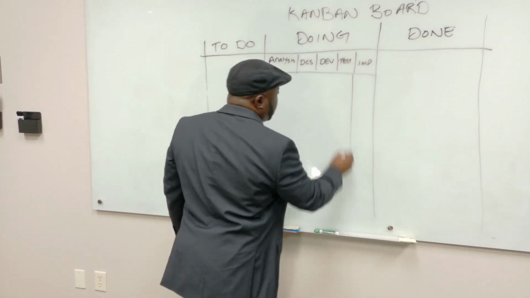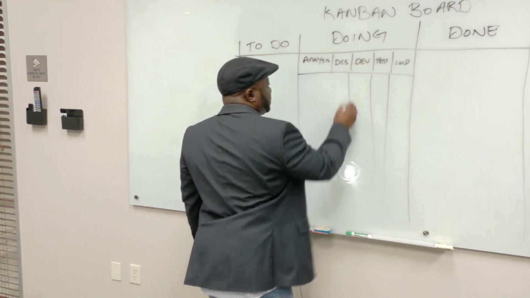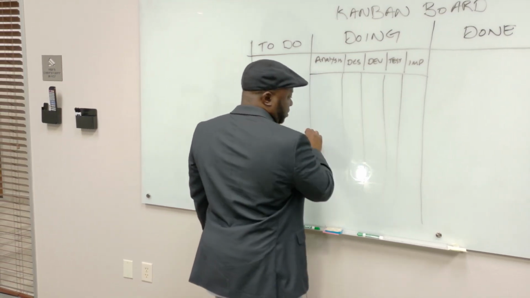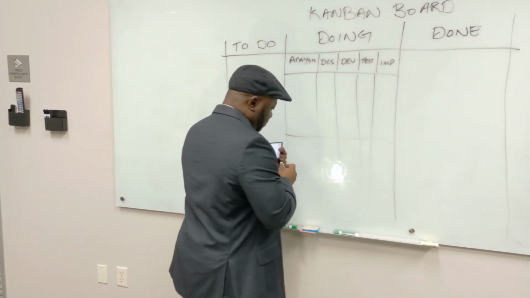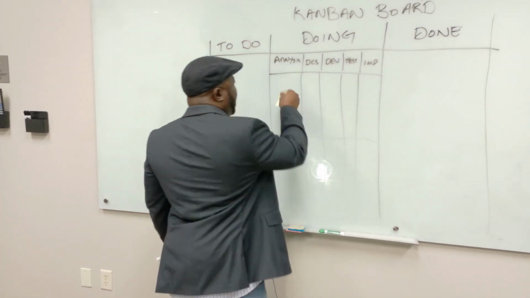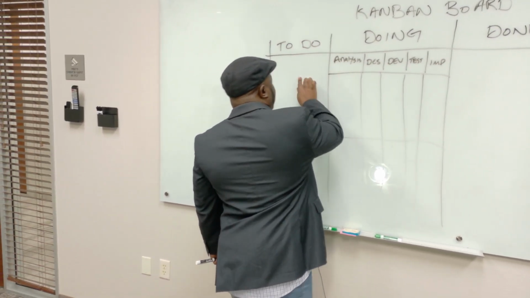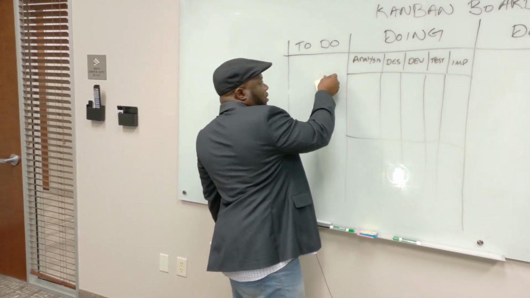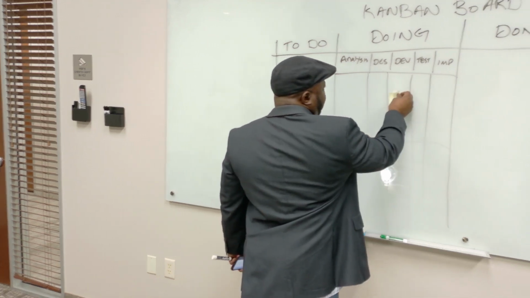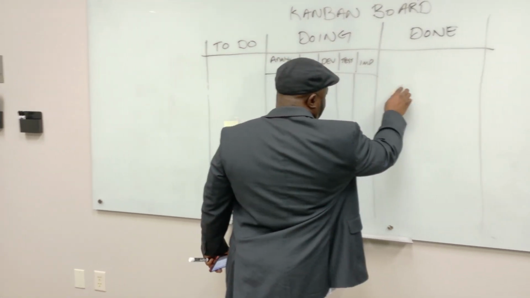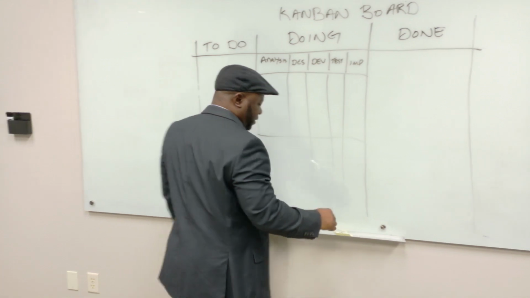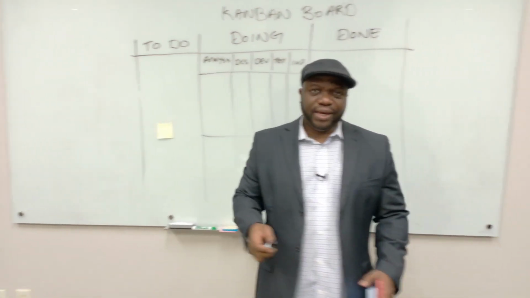And all of these could be sub-states within doing that my item will pass through. First of all, it starts at to do, gets to analysis, design, develop, test, implement, done. And that's how the cycle of life can be adjusted.